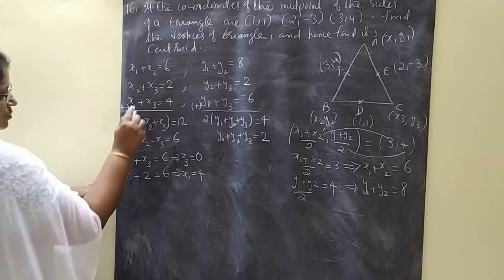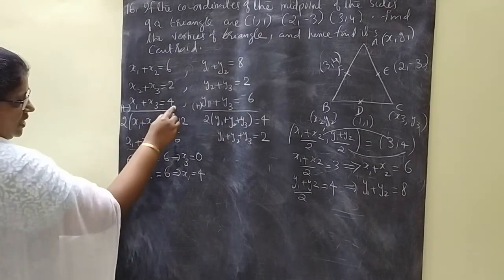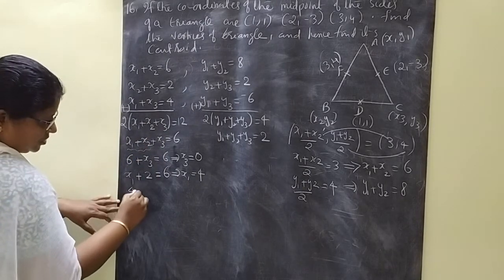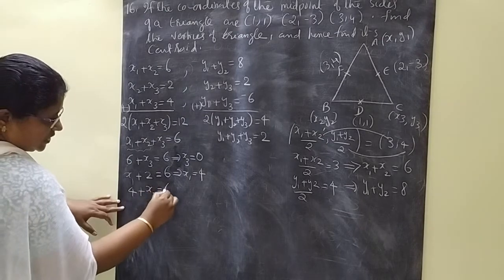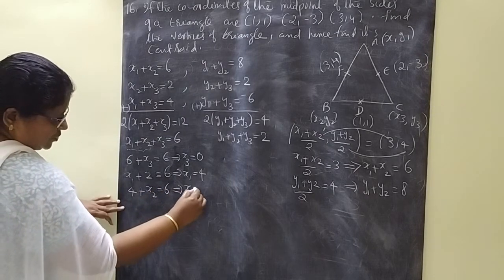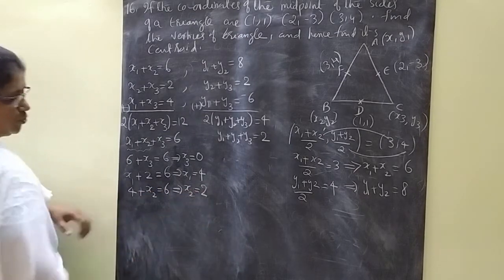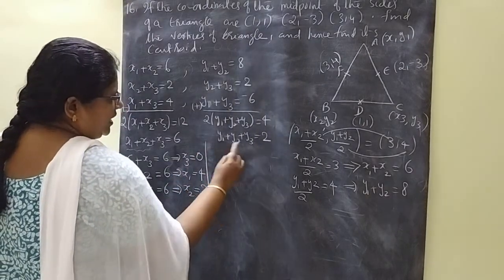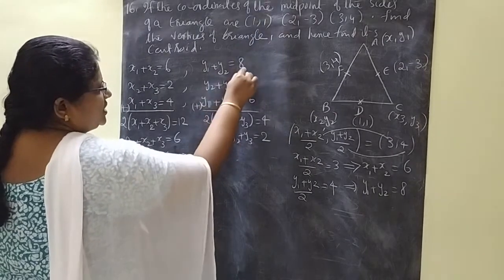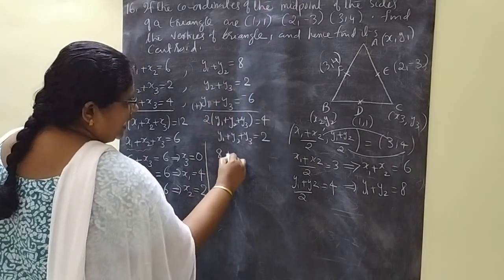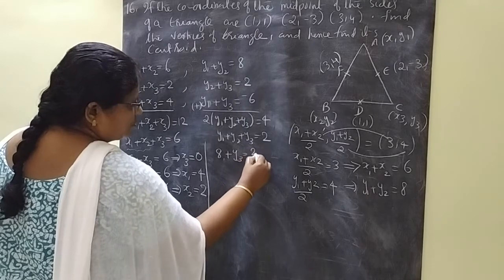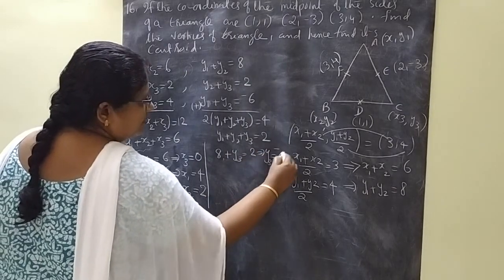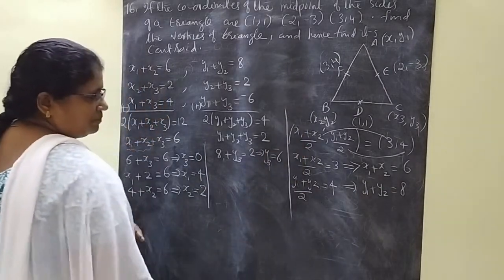Now take the last one. x1 plus x3 is 4. Here, instead of x1 plus x3 we put 4. So 4 plus x2 is equal to 6, which implies x2 is 6 minus 4, 2. In the same way for y: y1 plus y2 is 8, so 8 plus y3 equals 2, which implies y3 is 2 minus 8, minus 6.